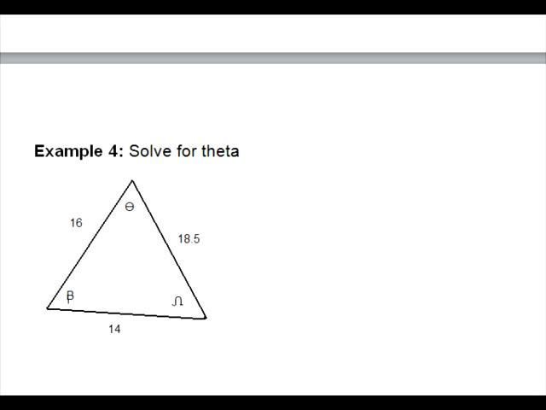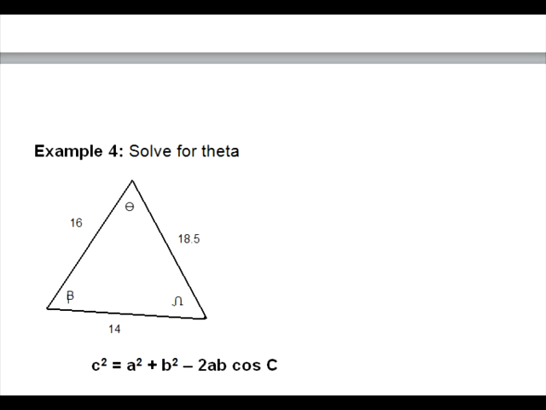I'm going to ask maybe Holly to recite from memory or from the page the cosine law, please. Okay, good. So c squared equals a squared plus b squared minus 2ab cos c.